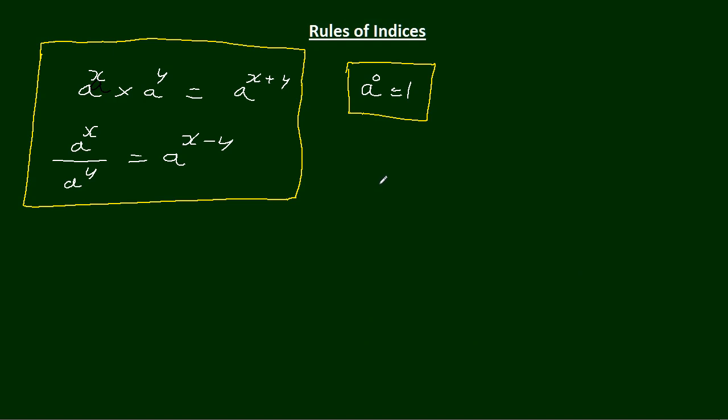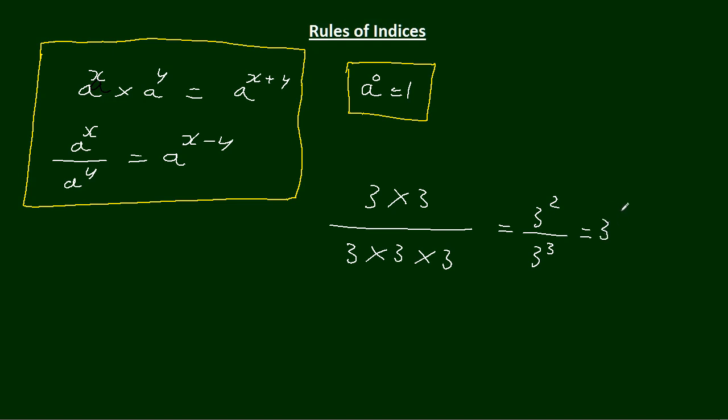We now go a bit further. Let's look at 3 times 3, which is 3 squared of course, divided by 3 cubed. And using our rules of indices, 2 minus 3 is minus 1.